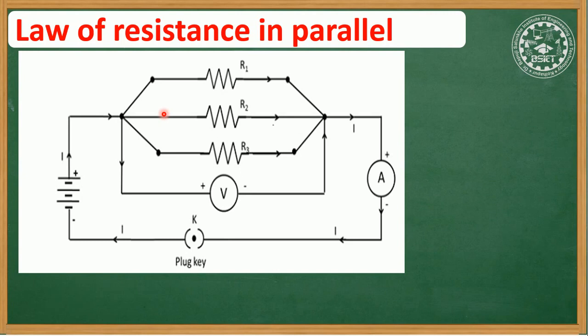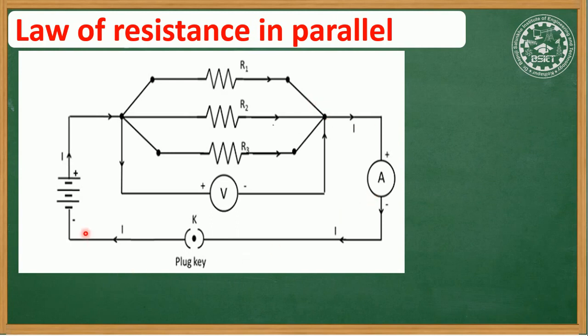In this we have taken three resistors, R1, R2 and R3, and these three resistors are connected in parallel. Means both the terminals of each resistor are connected to both the terminals of a battery.